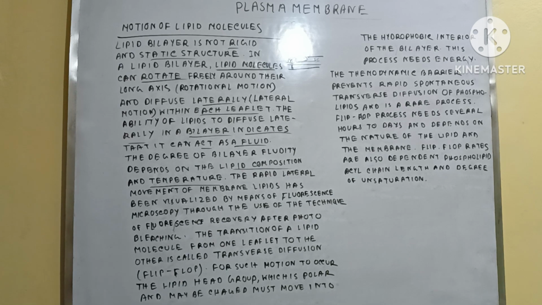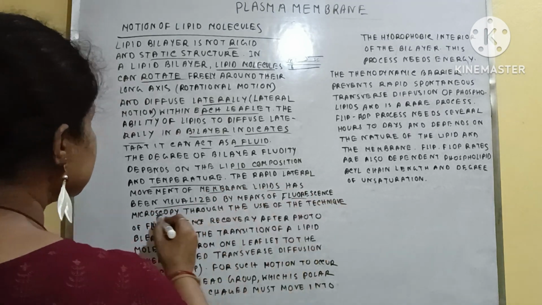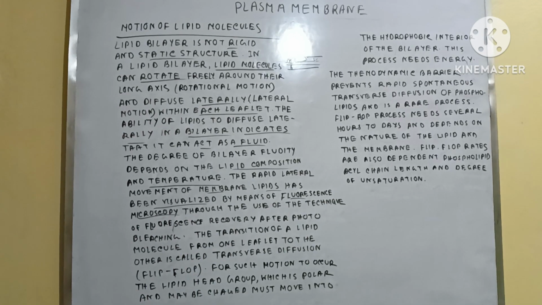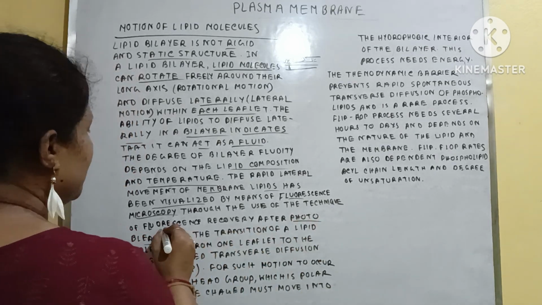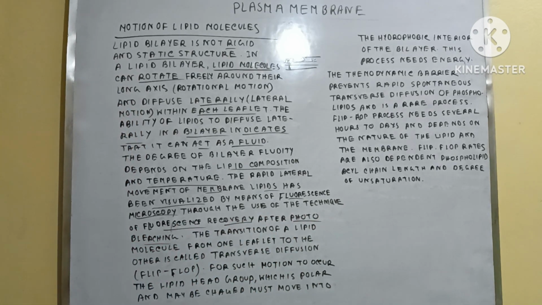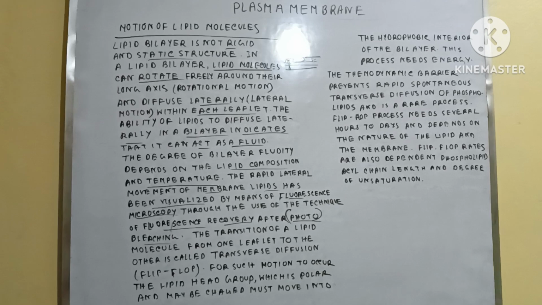The rapid lateral movement of membrane lipids has been visualized by fluorescence microscopy; you cannot see lipid molecule movement in a general compound microscope. A technique used is called fluorescence recovery after photobleaching, by which we can see this lipid molecule movement, using fluorescence microscopy.